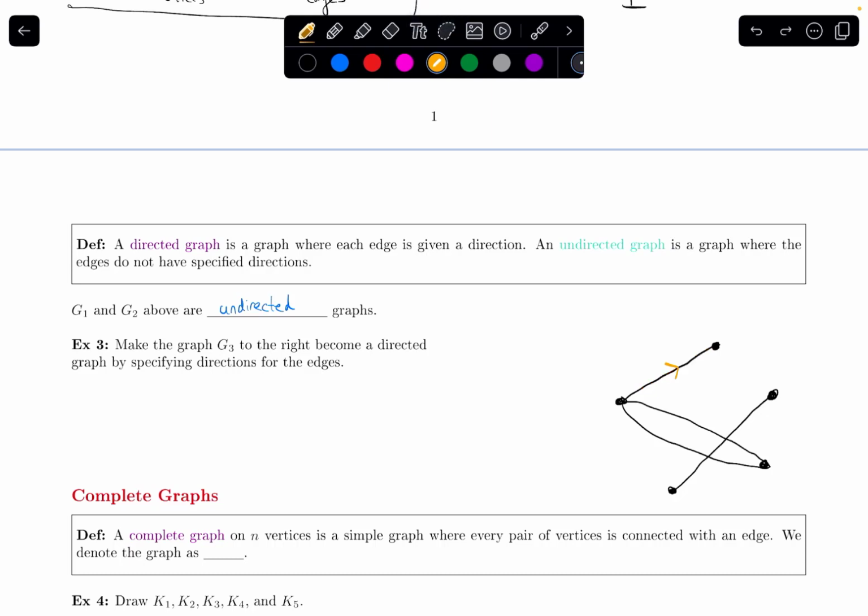Okay, and then maybe for this edge, the direction is this way, so I'll draw an arrow. Maybe for the reverse of that multiple edge, it's going the other way. It doesn't have to be, but I'll just pick that one. We got one more edge, and let's specify a direction for it. So that's one possible way to make this a directed graph.